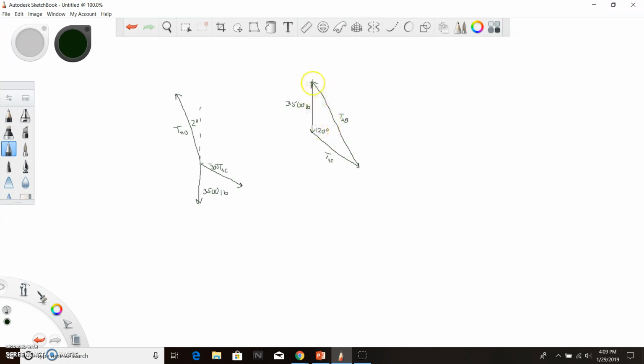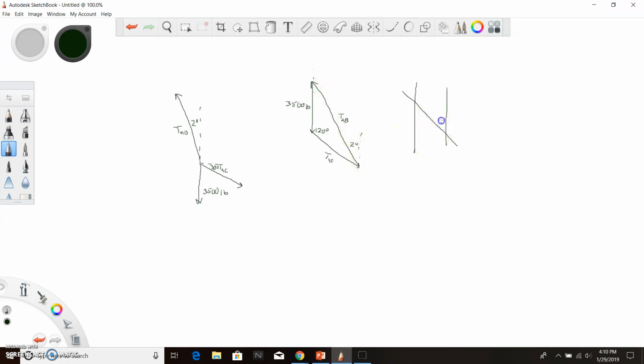So TAB, I know at the bottom that this here, this is 2 degrees right here. So I have another parallel line right here, right? So if you remember from geometry, if you have 2 parallel lines, and a line going across them like our TAB is, right?